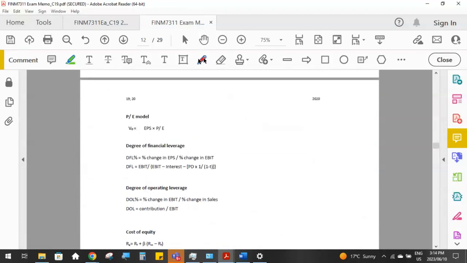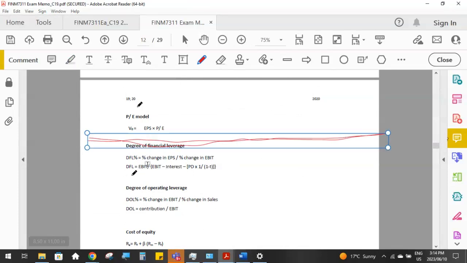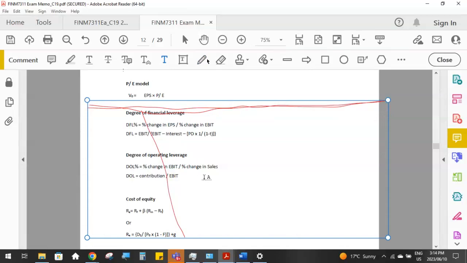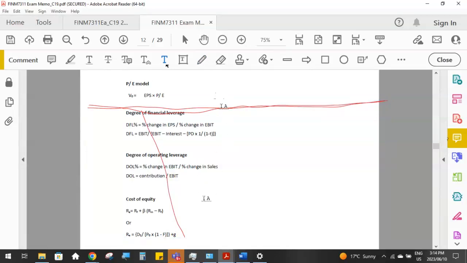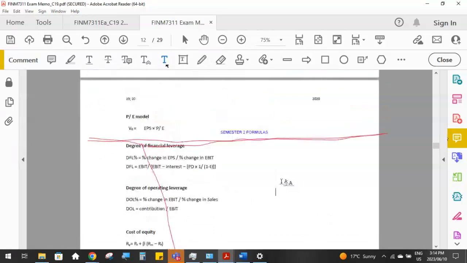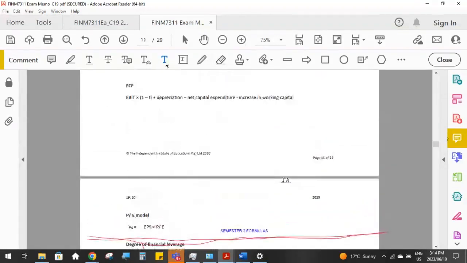You will only use the formula sheet up as far as the end of the PE model there. Everything below this is going to be semester 2 formulas. So that's as far as you have to work with. All of the rest of this we'll do next semester.